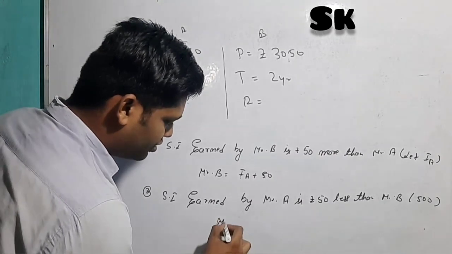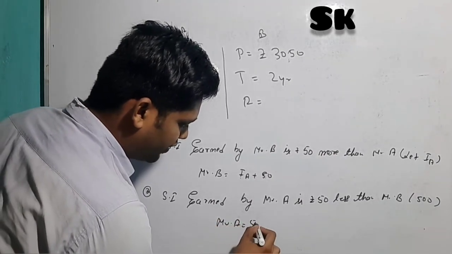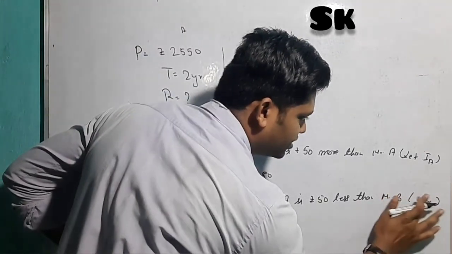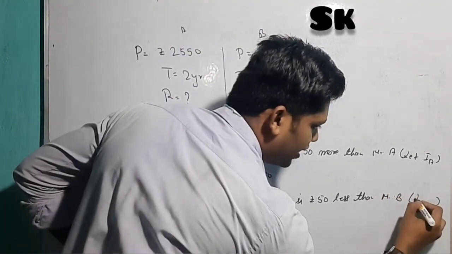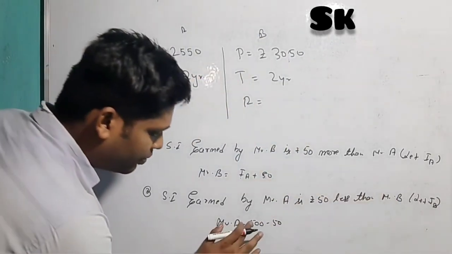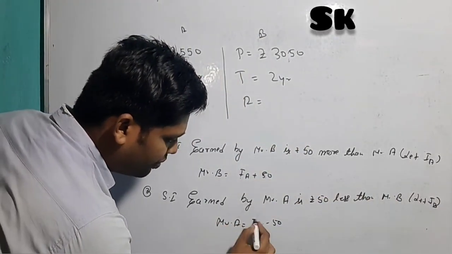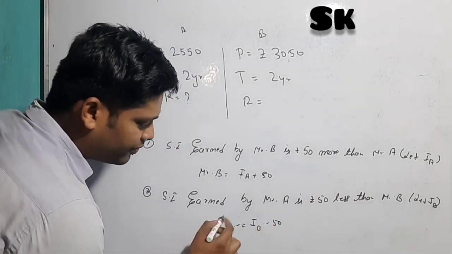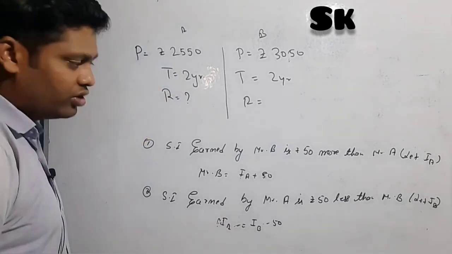So Mr. A is 500 minus 50. In case they have not given you Mr. B's interest, what will I do? Let the interest of Mr. B be IB. So here it will be IB minus 50. This will be the interest of Mr. A. Clear? So that's what I am going to write.